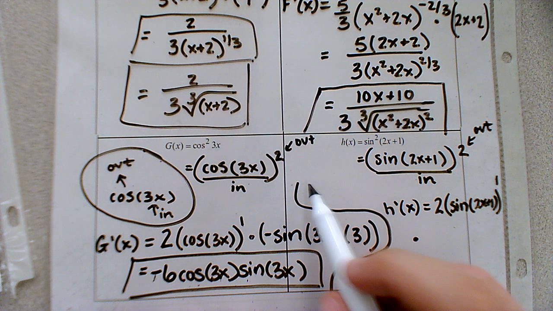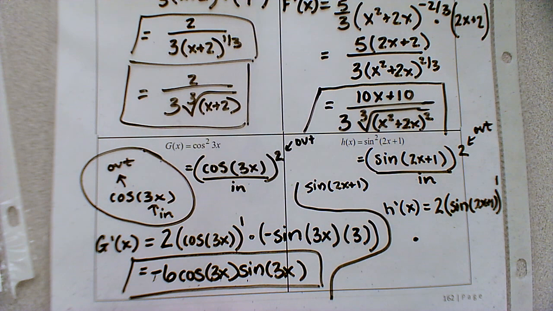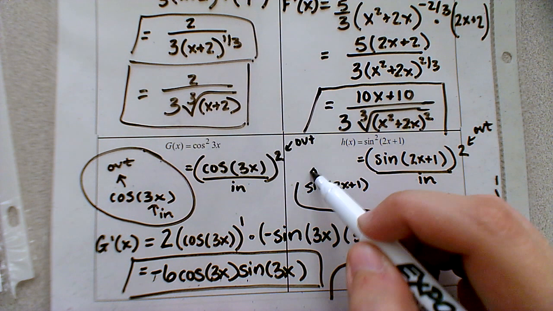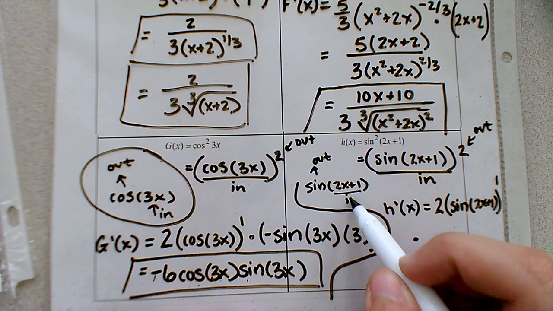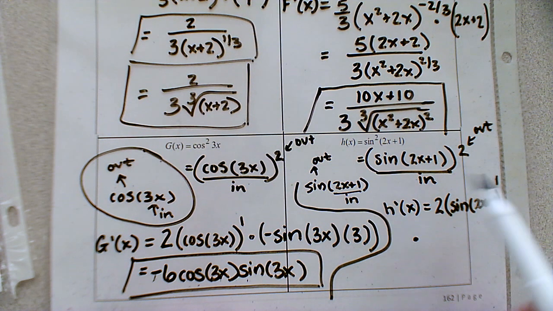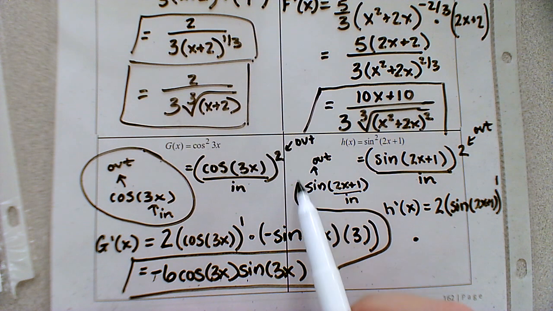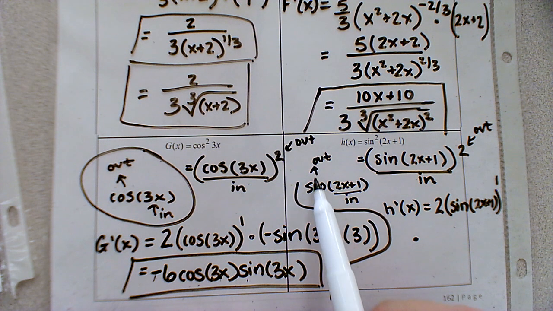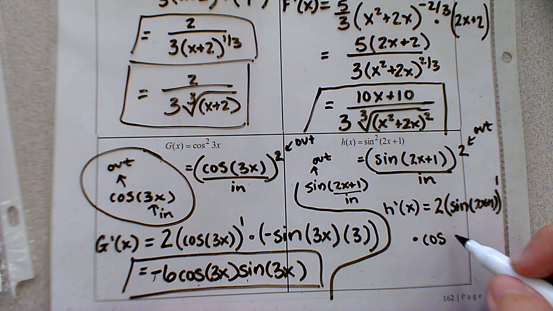Now when you look at the inside portion, sine of 2x plus 1, we technically have another outside and inside piece. So we can label sine as the outer function and 2x plus 1 as the inner. So really, to find the derivative of this inside, we have to do another chain rule process. The derivative of the outside, the derivative of sine, would be cosine.